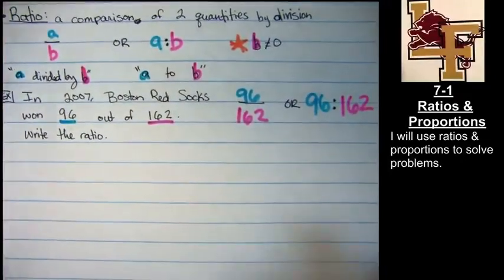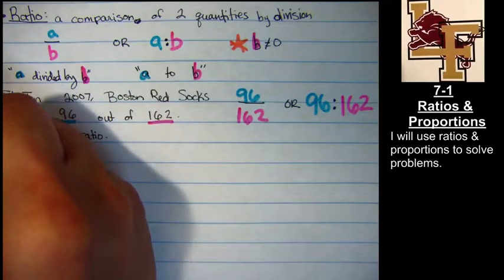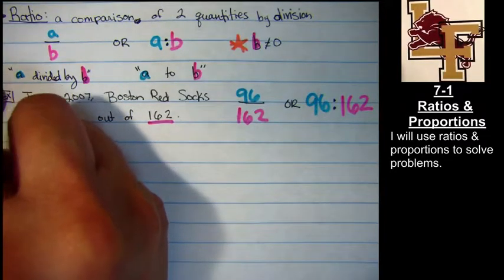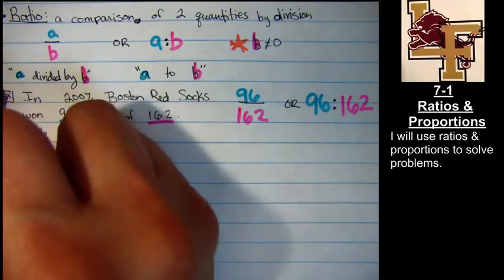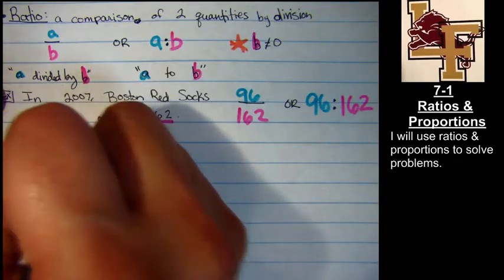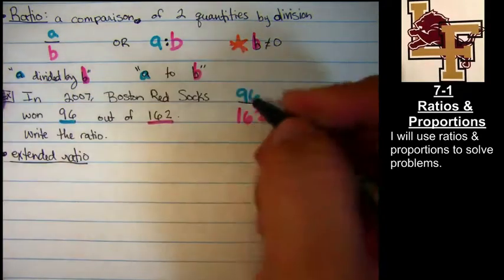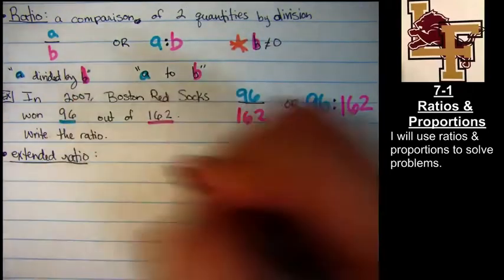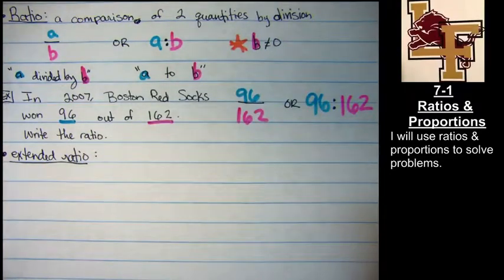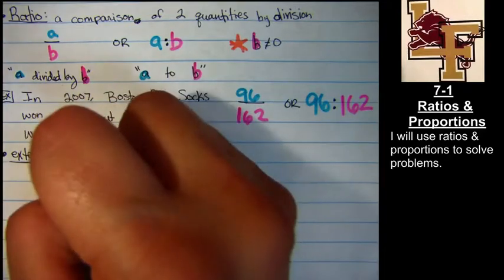Now that we're feeling comfortable with ratios, let's add in something called the extended ratio. And all it is is a comparison of more than two quantities.